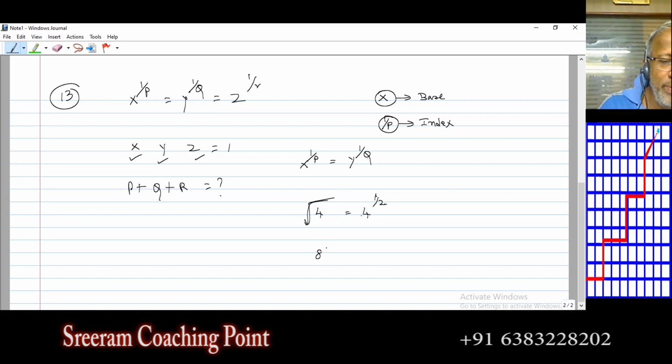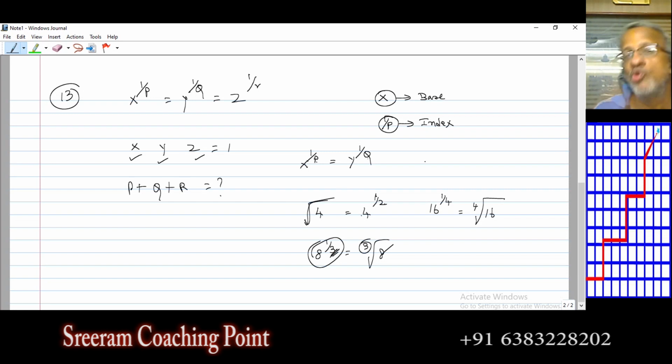If it were 8 to the power 1 by 3, this is to be considered the cube root of 8. Whatever denominator the index has, in this case 3, we call it cube root. If it were 16 to the power 1 by 4, we will call it the fourth root of 16. So that is why I said it is the pth root. These are the basic observations that we are making.